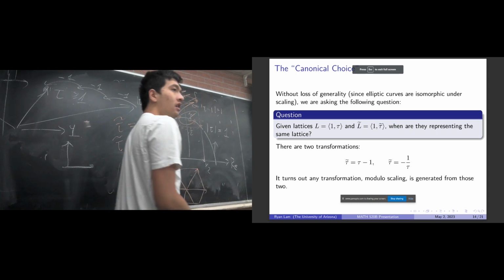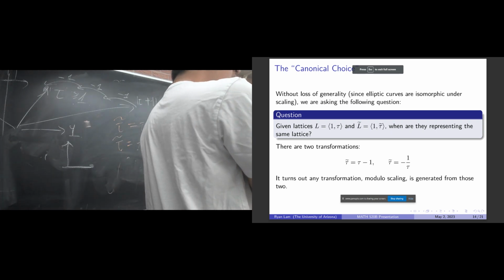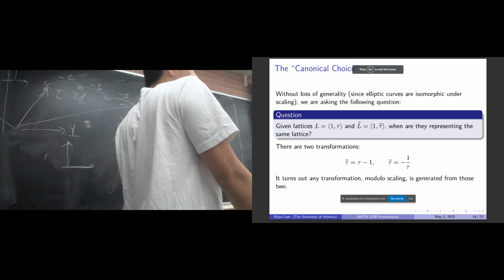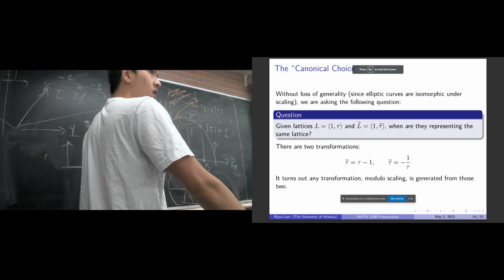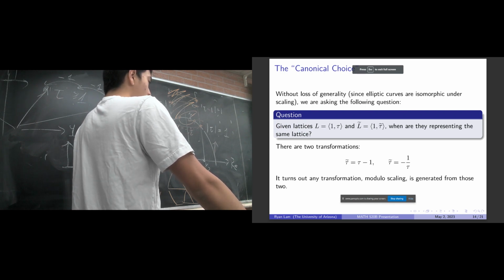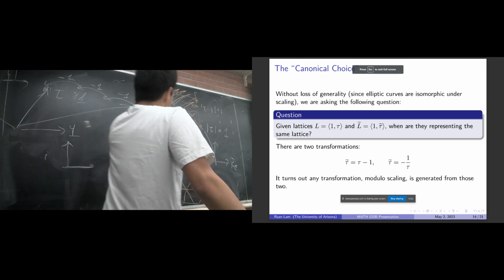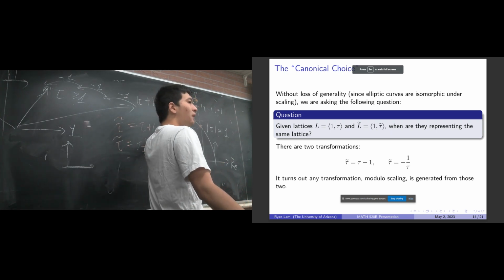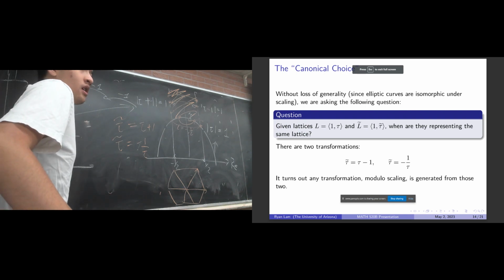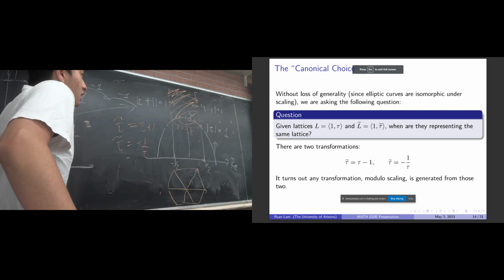Could I ask you a question? The first vector that you call 1, you just choose as the shortest vector. Yes. Since it's the shortest, any other vector is outside of the circle. Yes.